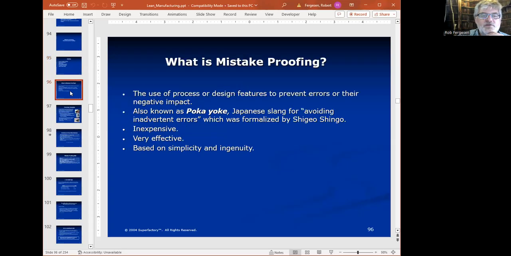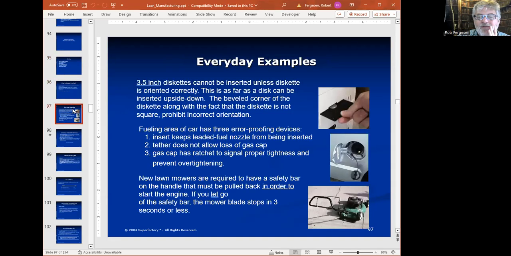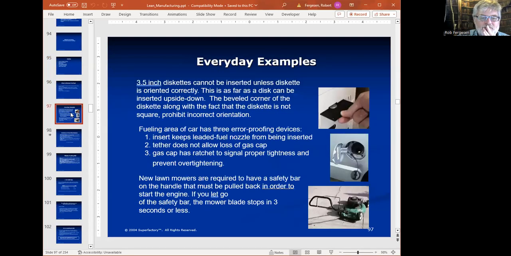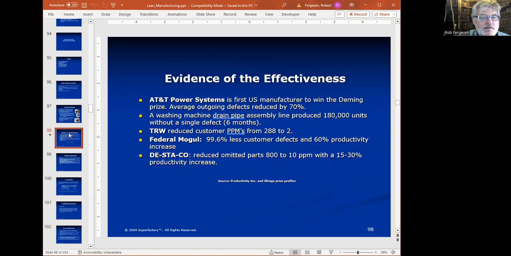So let's skip through most of this. Just remember that word, poka-yoke, avoiding inadvertent errors. I'm sorry, I think it's pronounced poka-yoke. Let me give you examples of that.